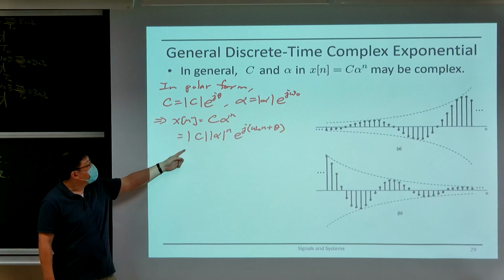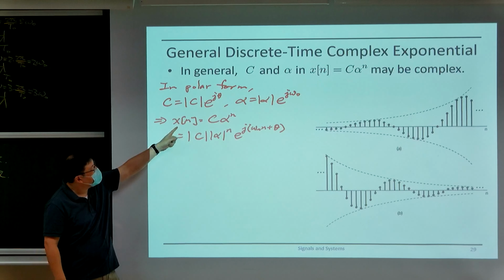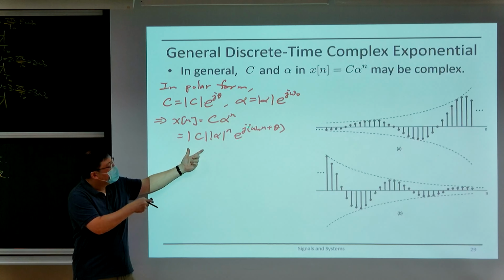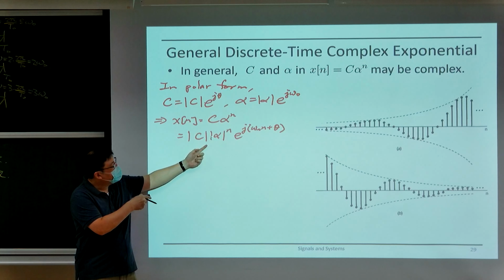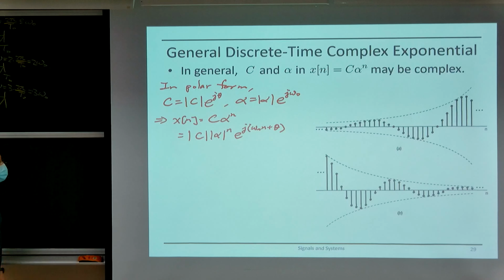So using the same approach, we can see that in general, when they are both complex, we can write x[n] in this form, which is a complex sinusoid modulated by a magnitude that either increases or decreases with n, depending on whether the magnitude of alpha is greater or less than 1.